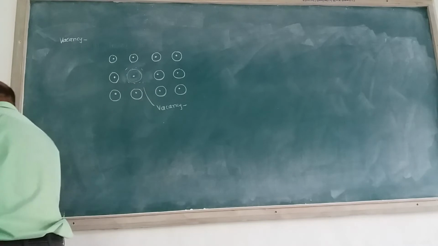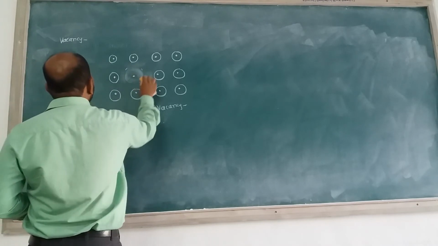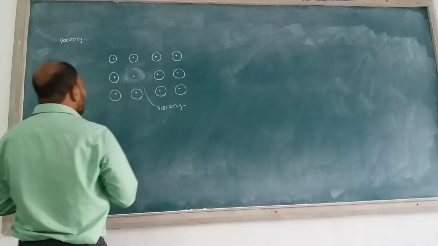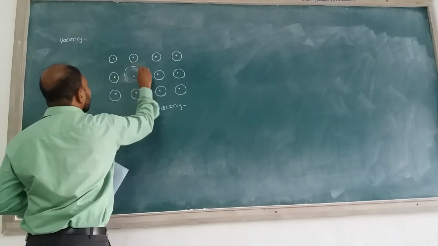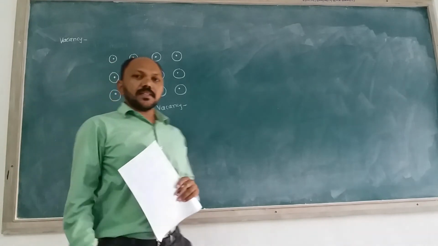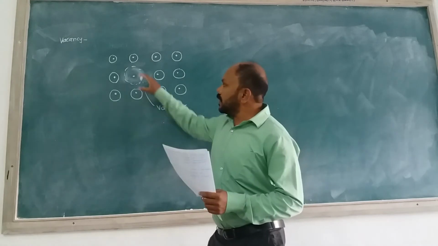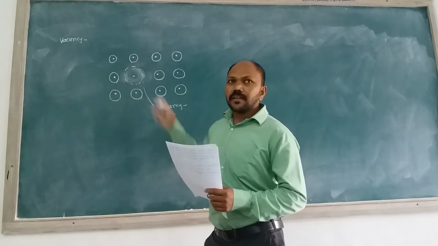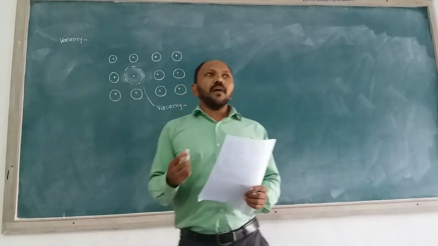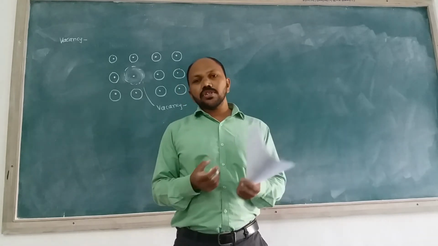Only then is it possible for this atom to move from this location to another location. For breaking these bonds, energy is required, and this much amount of energy the atom can gain after increasing the temperature.